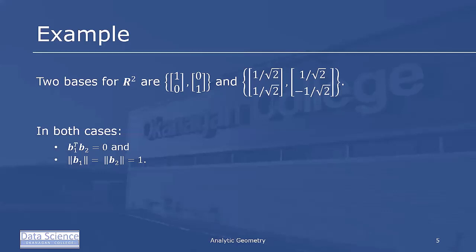Our second basis, 1 over root 2, 1 over root 2, and 1 over root 2, negative 1 over root 2, again satisfy B1 transpose B2 equals 0, and also satisfies norm of B1 equals 1, and norm of B2 equals 1.